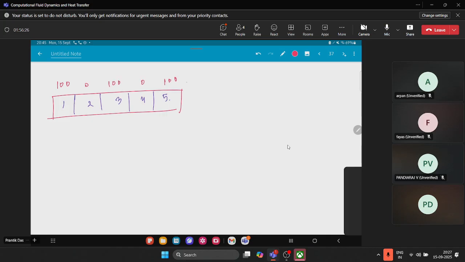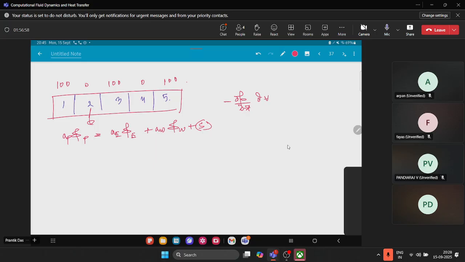Okay, so if I take this control volume and discretize the momentum equation here, it will come as aP phiP equals aE phiE plus aW phiW plus some source term. In the Navier-Stokes equation, we already know that the source term will be minus dp/dx, plus rho g, which I am ignoring as of now.